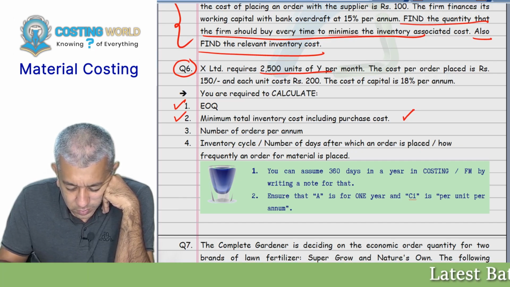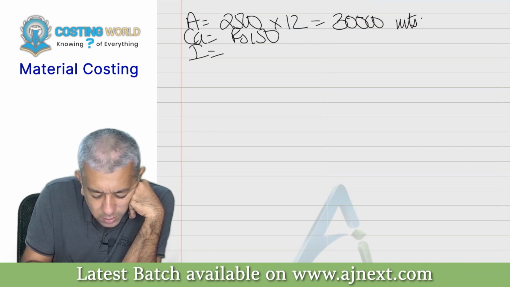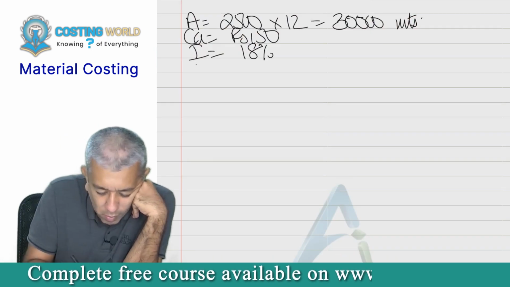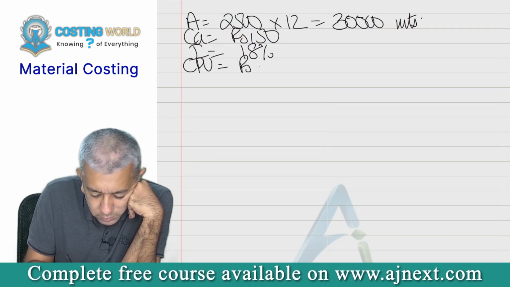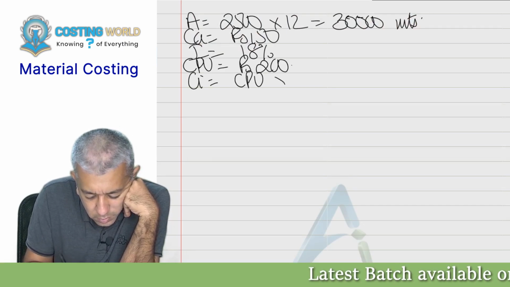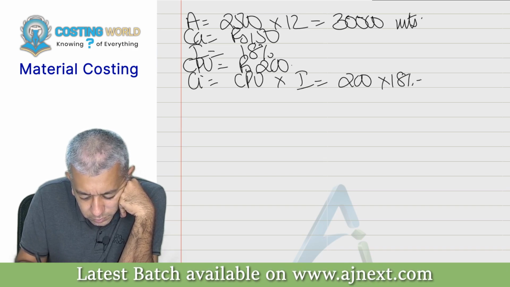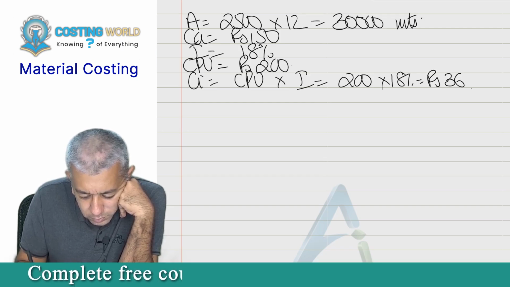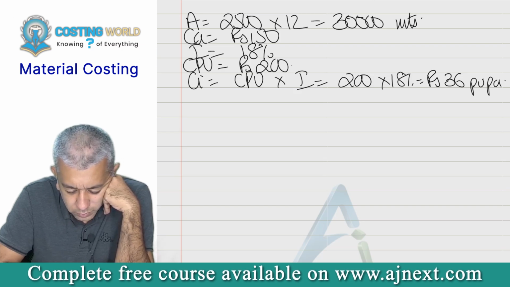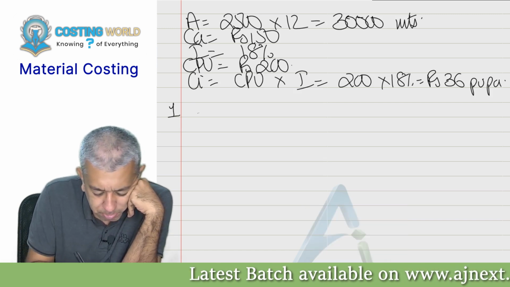CA is rupees 150, I is 18%. Now part first, EOQ.